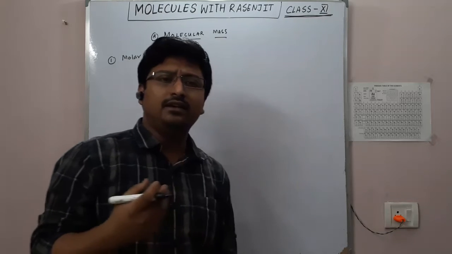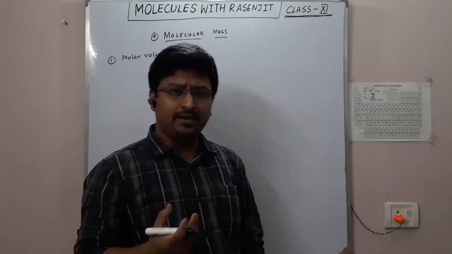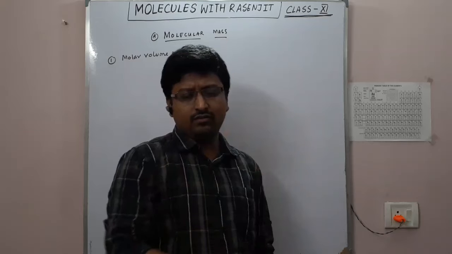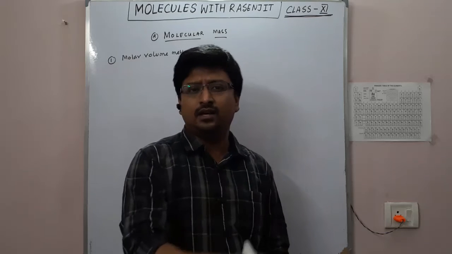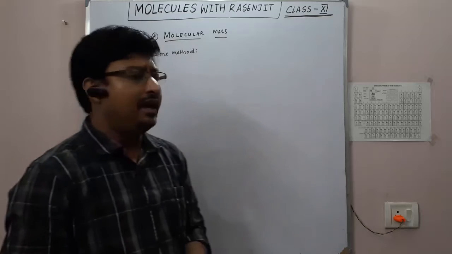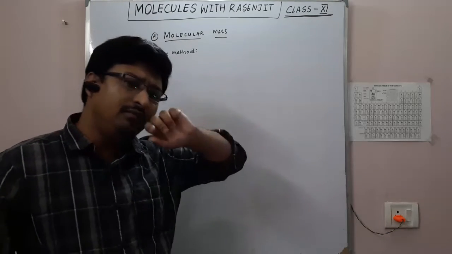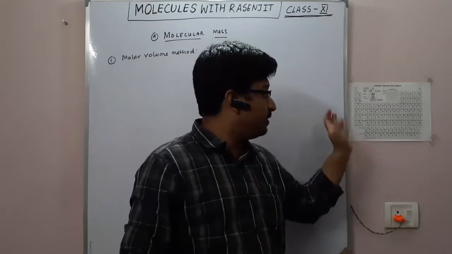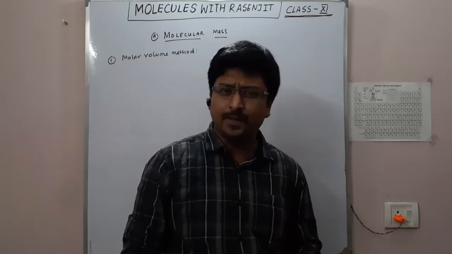How will you say which element it belongs to? If I hand you element X and ask you to determine its molecular weight, and you are able to determine it, then you can easily say which element it is in the periodic table.